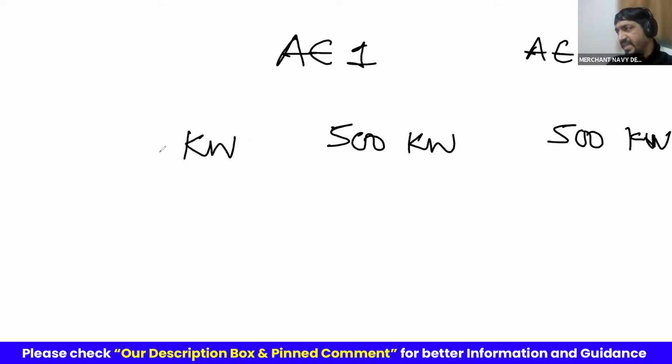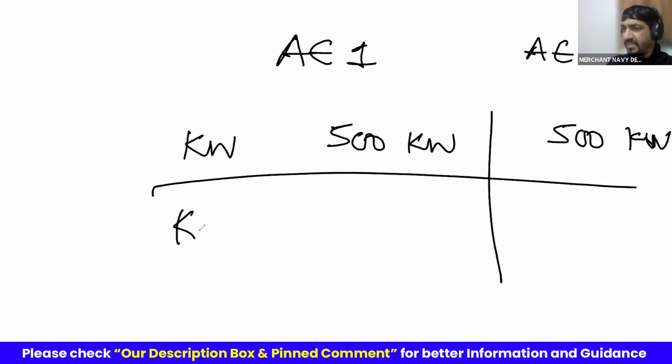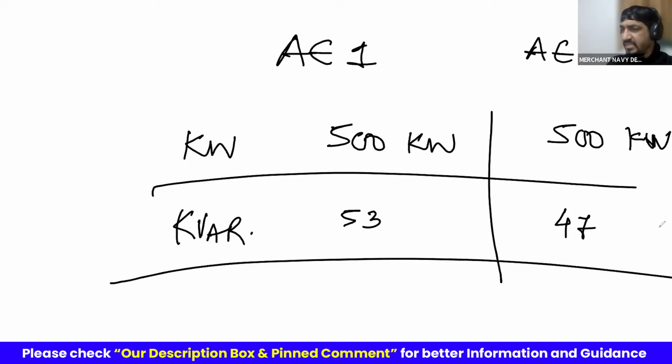If they're sharing equally, that means their speed droop is the same, and the set value of the RPM is the same between the two generators. But if the kVAR is not shared correctly, let's say it is 53 and 47.